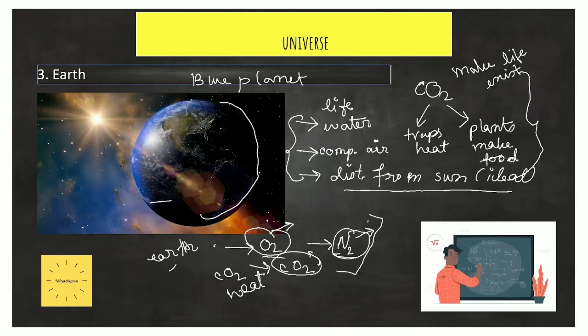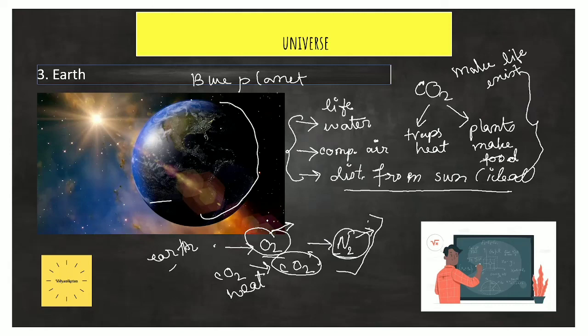The perfect composition of air means it has oxygen in the right amount that is required to breathe for living animals and mammals, and it has the perfect amount of carbon dioxide, which is required to trap the heat, and also for plants to make food, and it has the right amount of nitrogen, which prevents the burning of things on Earth uncontrollably.